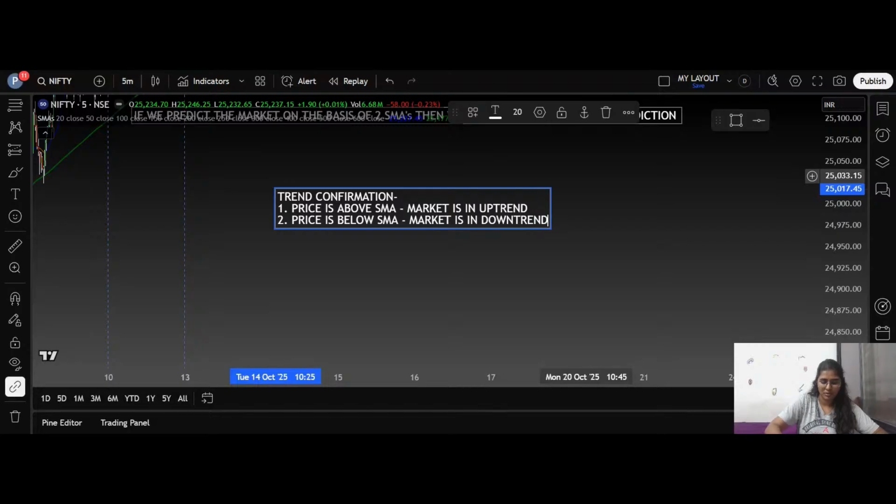And the slope of SMA also shows the trend. How does it show the trend?